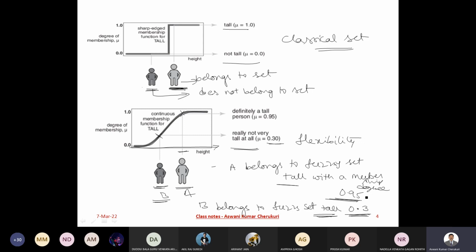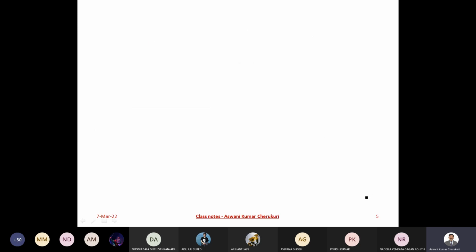So now the point is, how is classical logic, or Boolean logic, handling the uncertainty? Remember, we have probability theory, right? Somebody may think, sir, what we are saying appears similar to probability theory.